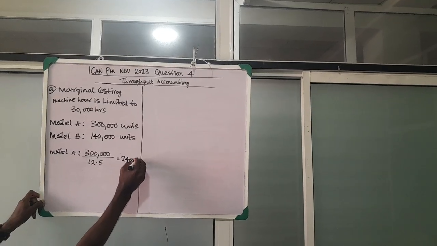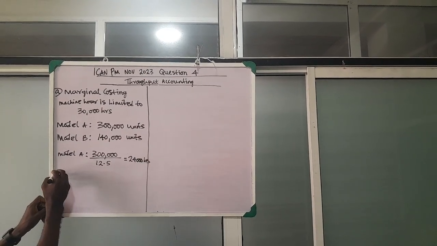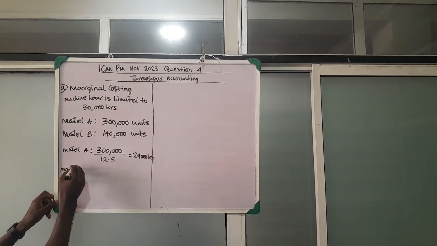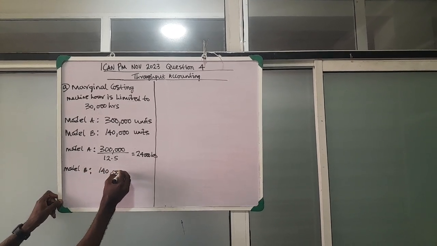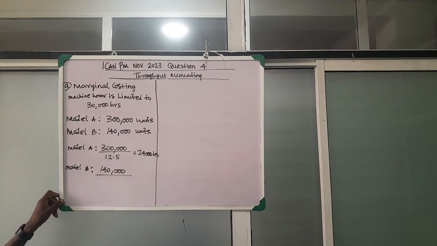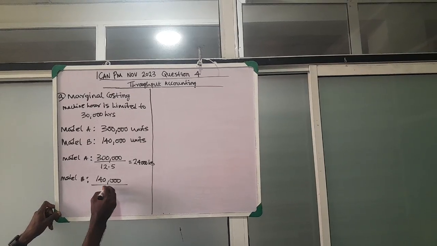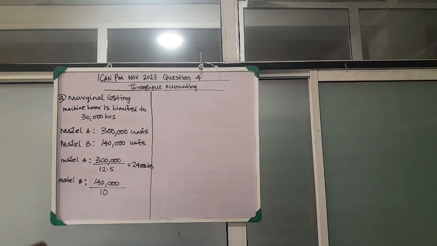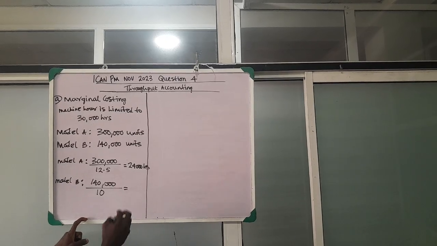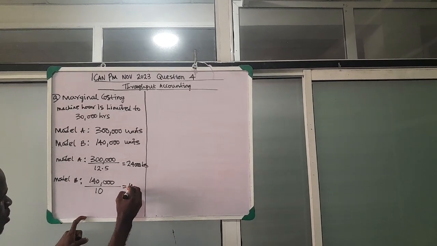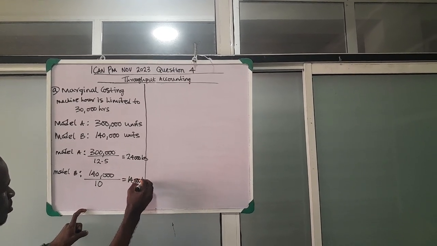Then for model B, I have 140,000 units, which is desired to be produced, over 10 units per hour. That will give us 14,000 hours.